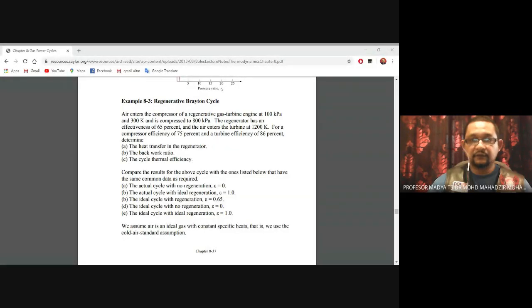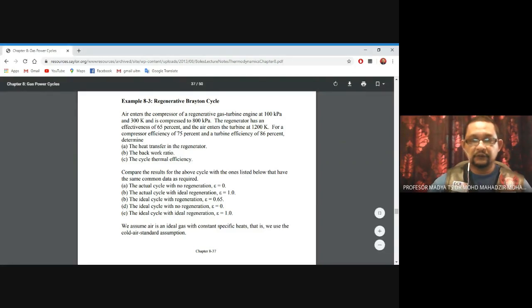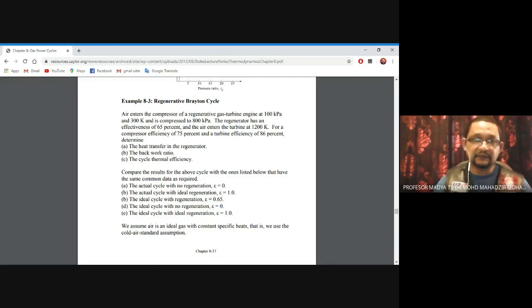Okay, from this slide, we look at the question. Air enters the compressor of a regenerative gas turbine engine at 100 kilopascal and 300 Kelvin and is compressed to 800 kilopascal.